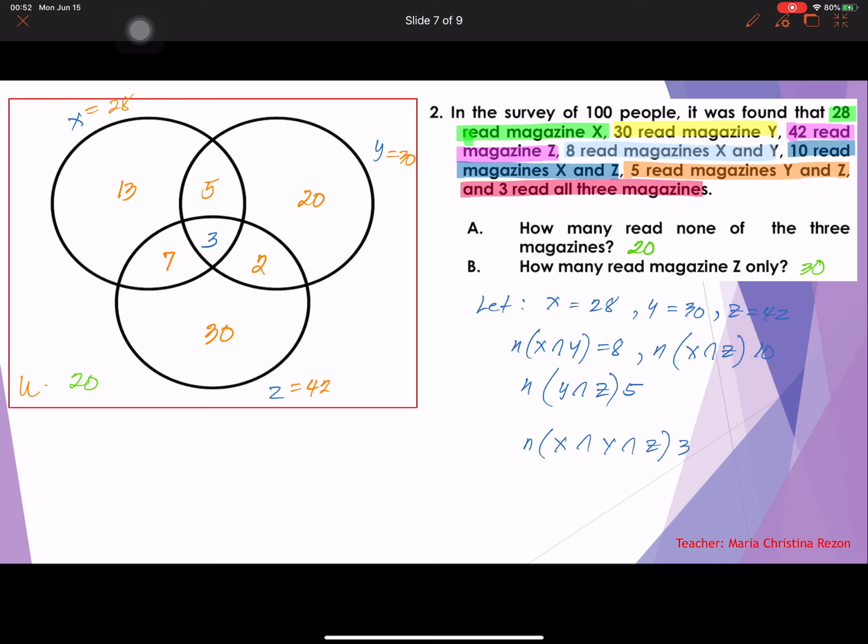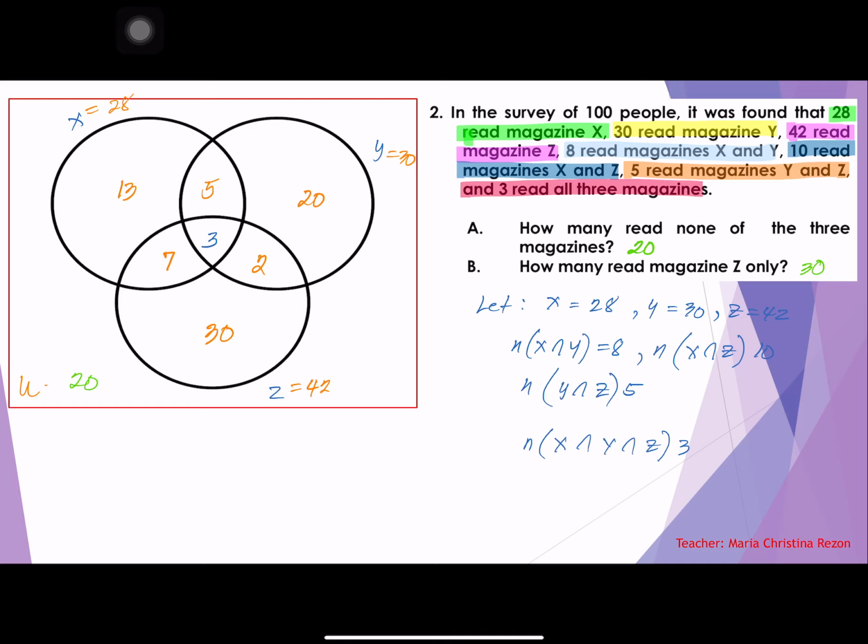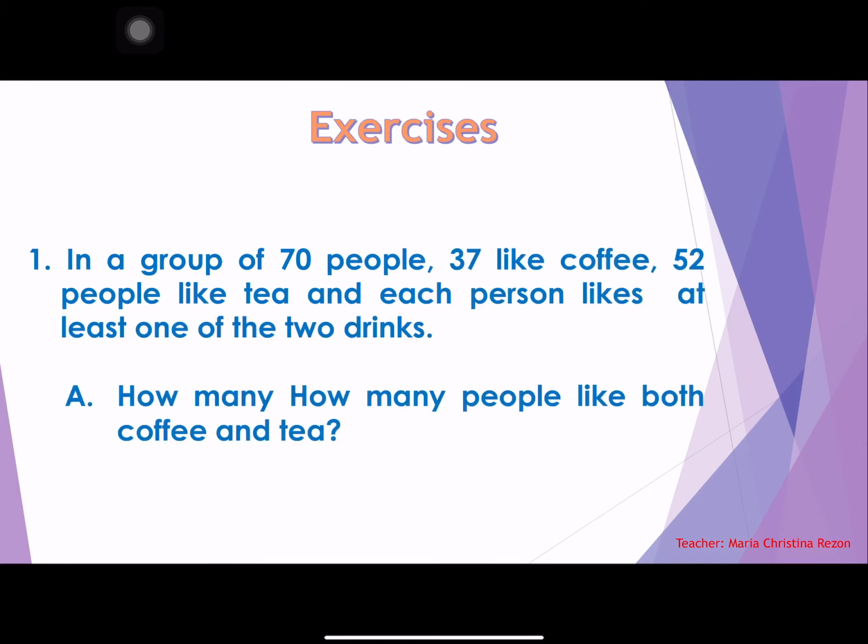Now let's have some exercises here, and I want you to practice understanding and answering some of these questions. So you have here, in a group of 70 people, 37 like coffee, 52 people like tea, and each person likes at least one of the 2 drinks.